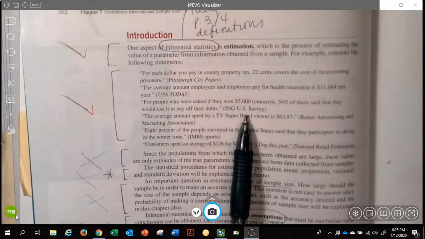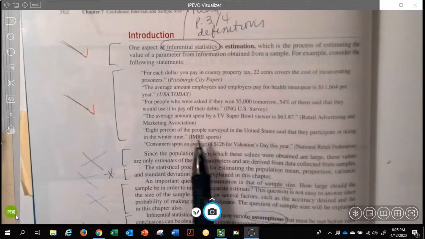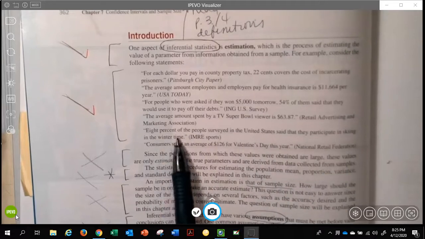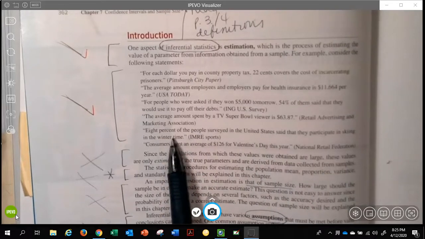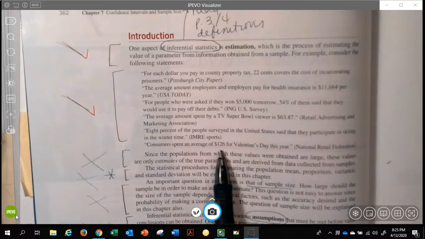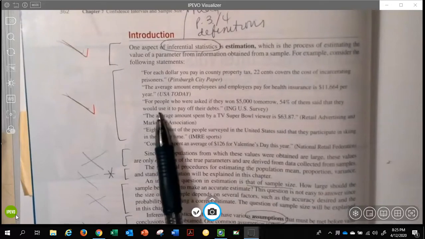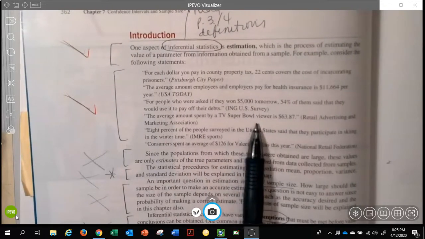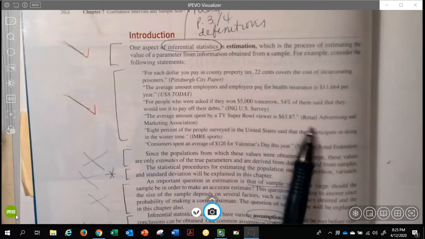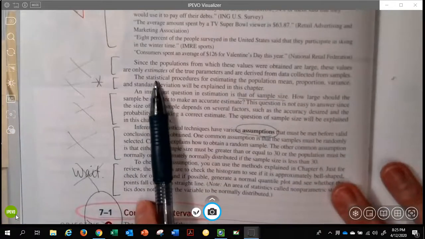How do we know? 80% of the people surveyed in the U.S. said they participate in skiing in the wintertime. What people who participated? Consumers spend an average of $126 for Valentine's Day. The average amount spent by a TV Super Bowl viewer is. How do they know?